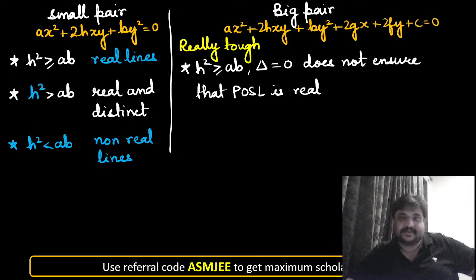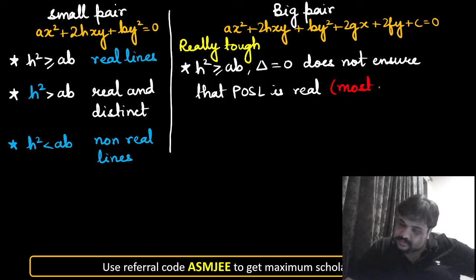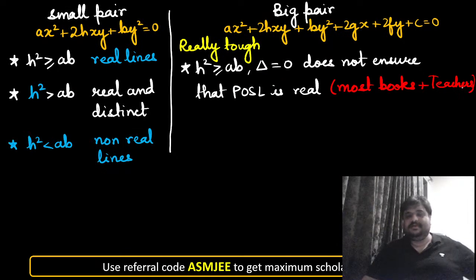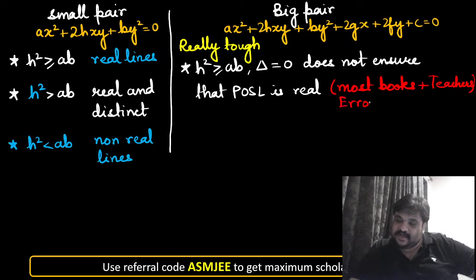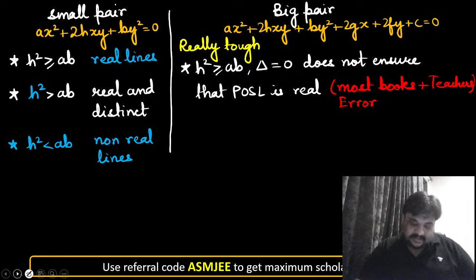I'll give you an example. This is what most of the books write. Most books plus teachers, but that's not true, unfortunately. They made this error. Okay? I'll show you why this thing happens.